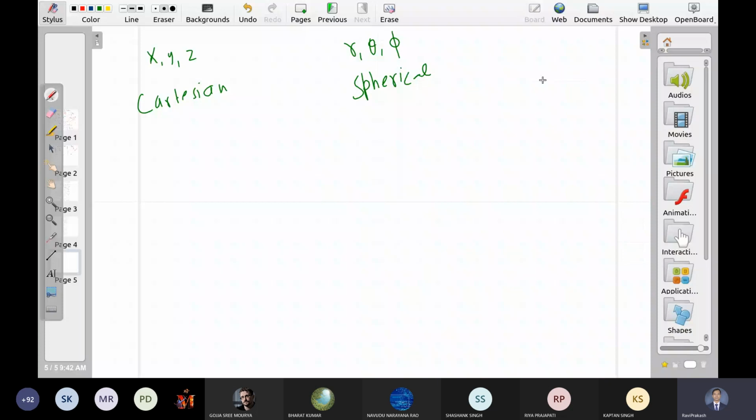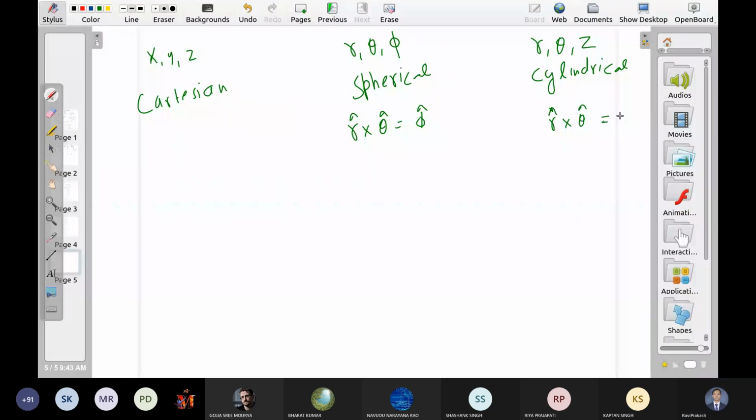Or cylindrical, r, theta, z. Here r cap cross theta cap is equal to phi cap. But here, in cylindrical, r cap cross theta cap becomes z cap, right?